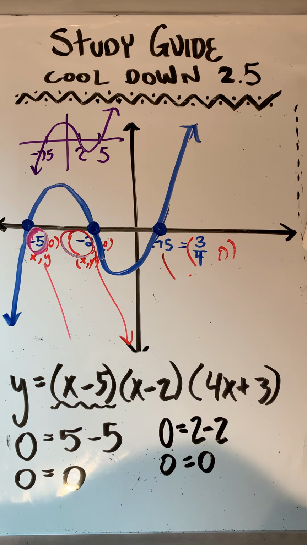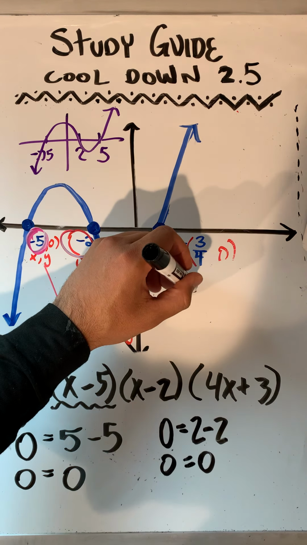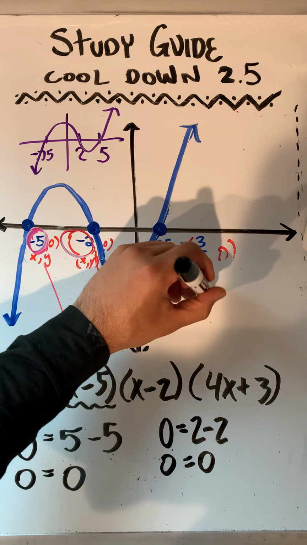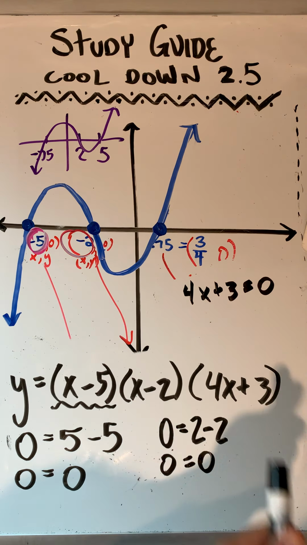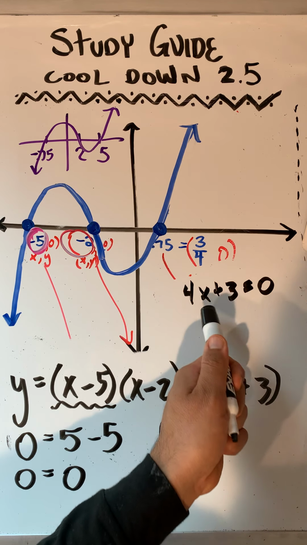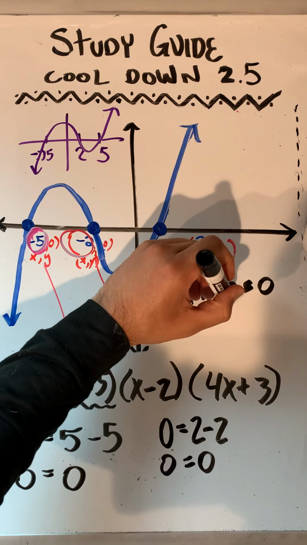Boom, there we go. The third one, we get a y value of 0 when the factor 4x plus 3 has an x value of what? And we just did that one, but we can do it here. Set it equal to 0, because it's saying you need to have a y value of 0. So we're going to solve for x so we can answer the question.